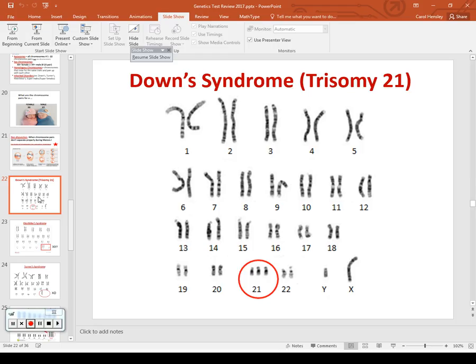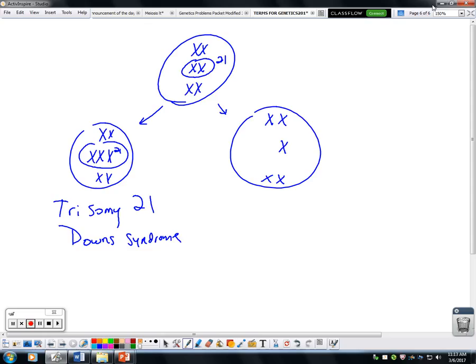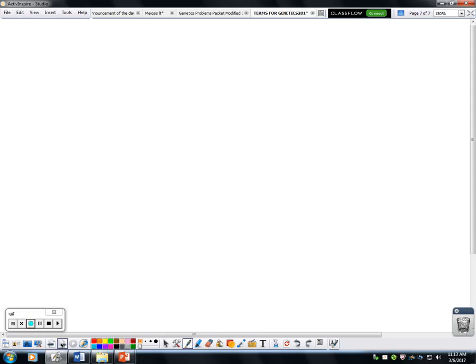Now, next scenario. This is a developing egg. And now this female's sex chromosomes, her 2 X's, stick together for some reason. There are 2 options here. Both of them went to this gamete.